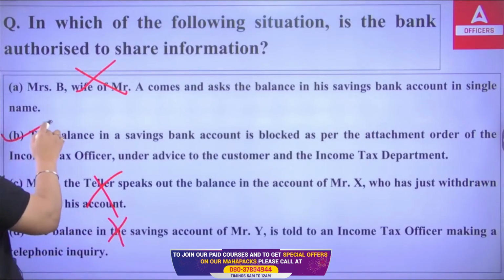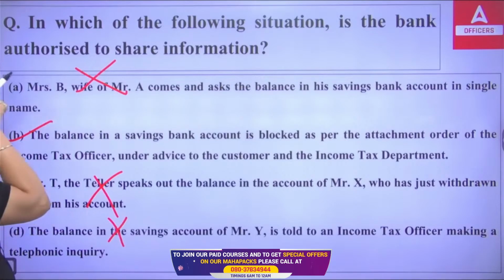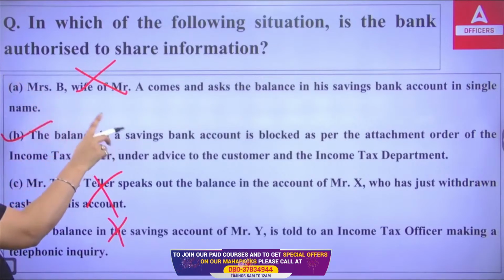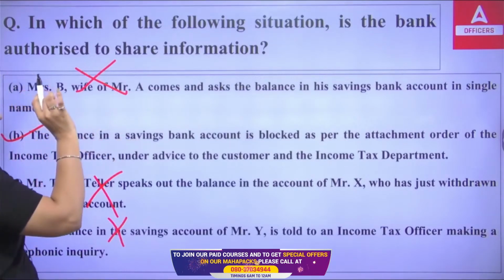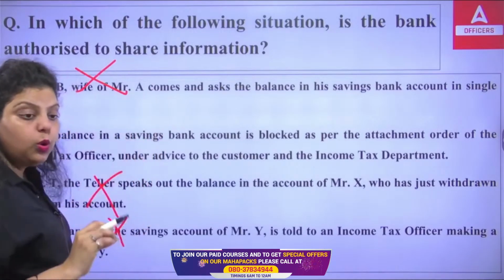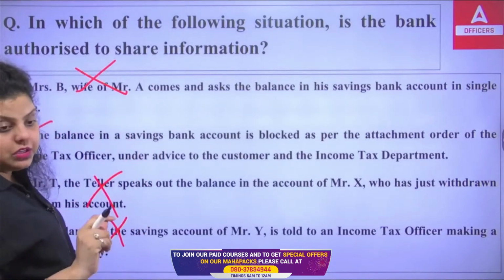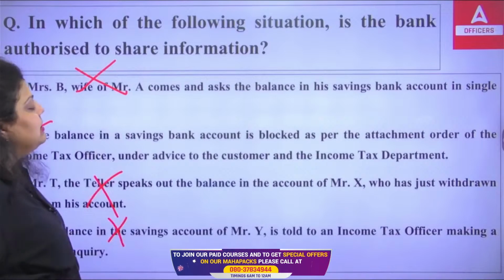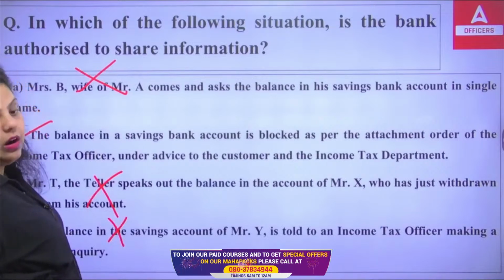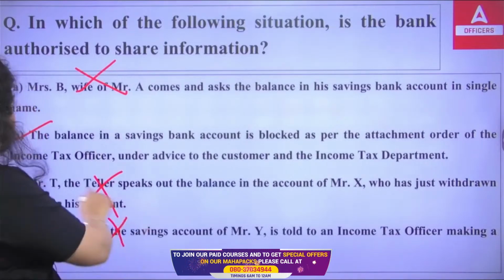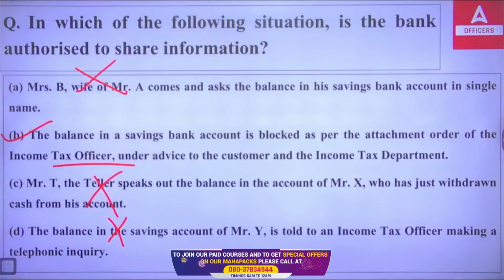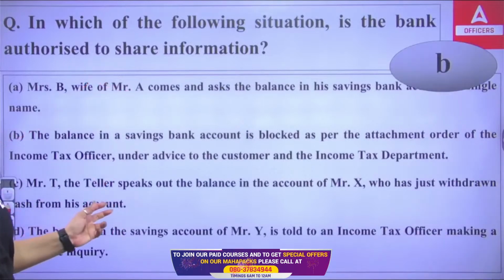The only permission given to the bank to share the information of the customer, without violating the rule of secrecy and confidentiality, is when the balance in the savings account of a customer is blocked as per the attachment order received from the income tax officer under the advice to the customer and the income tax department. The right answer is B.